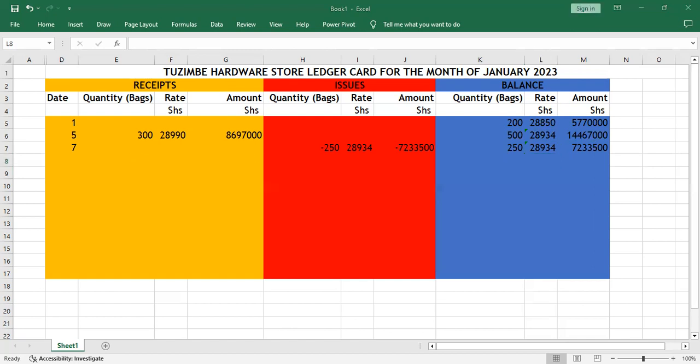We move to the next transaction. That was on 10th, where we issued out 170 bags of cement. This is on 10th.